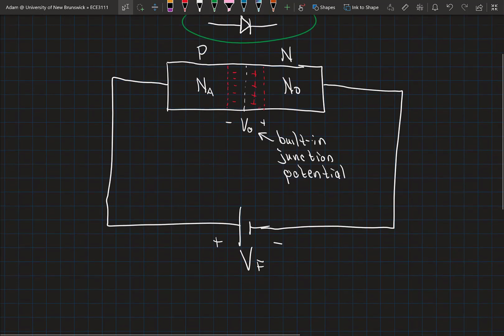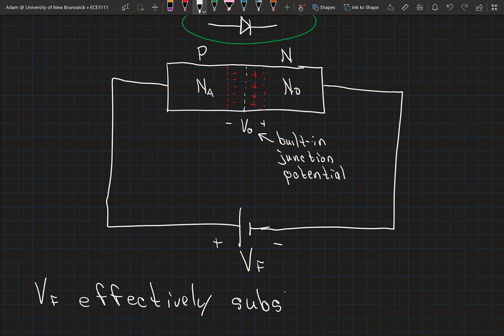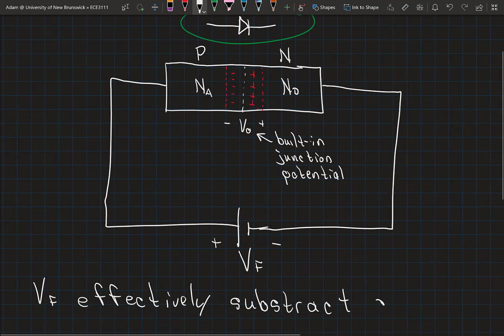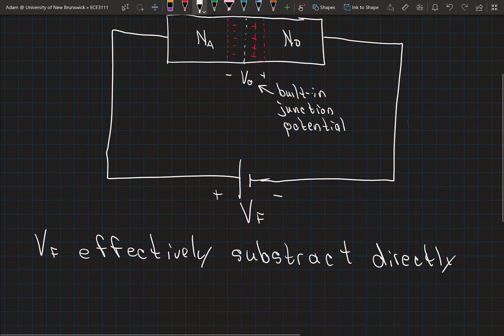Okay, so when we apply a forward bias, the forward bias VF here is going to effectively subtract directly across the built-in junction potential.